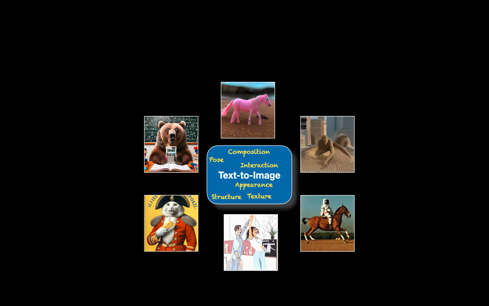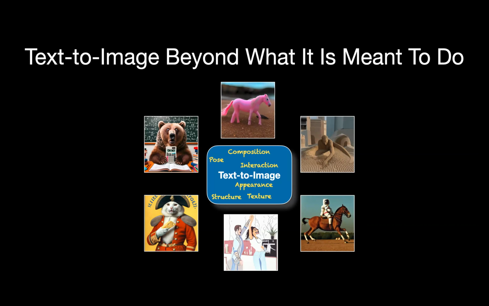That means that text-to-image models learn all these priors in the process of generating images. And I was really intrigued by that, and it got me excited about how we can take text-to-image models and expand their capabilities, distill their priors beyond what they are meant to do, beyond just generating images from text.